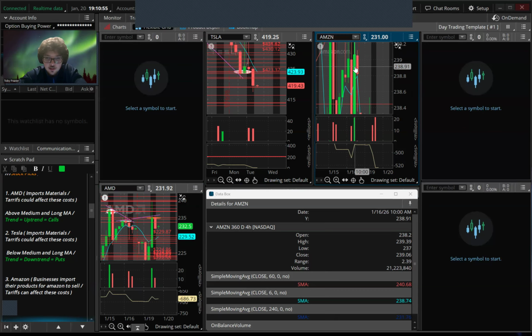Close at 6 cents and open at 5 cents. So we have a swing high right here.